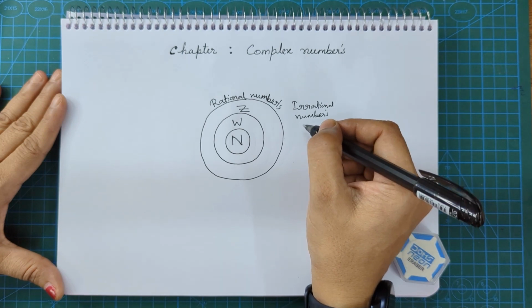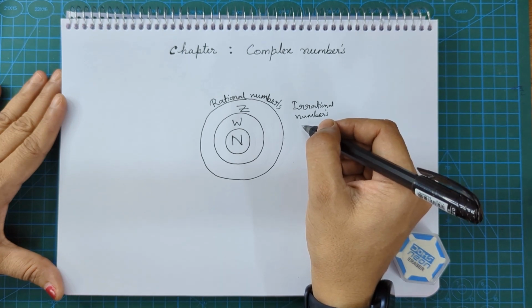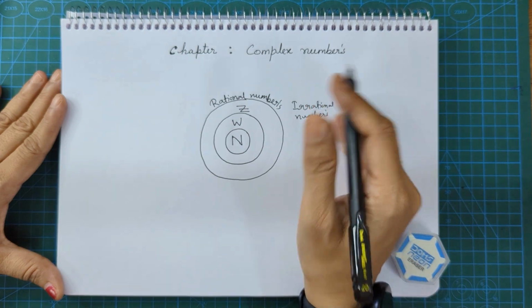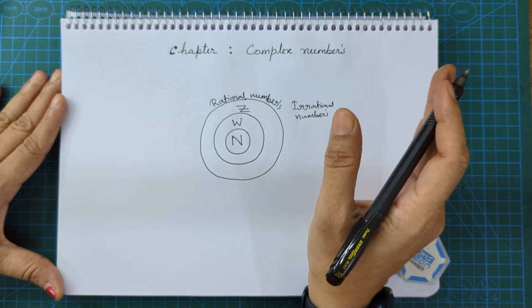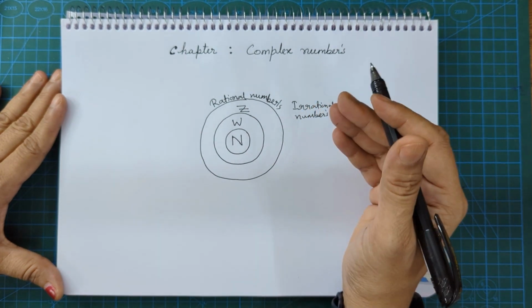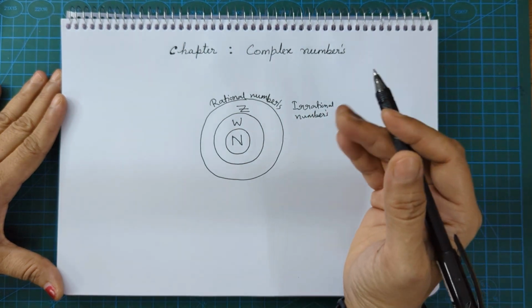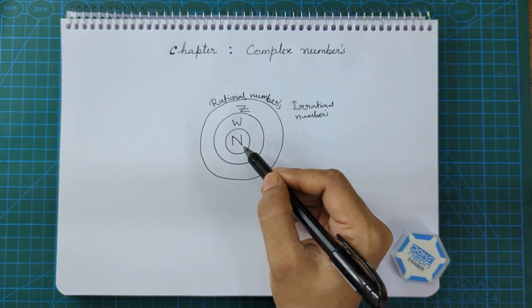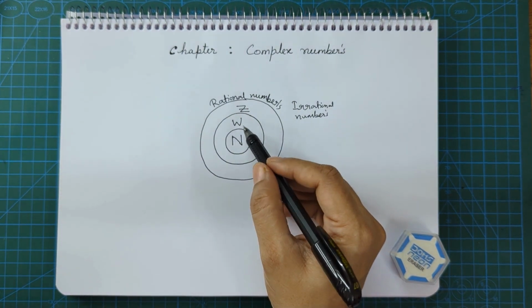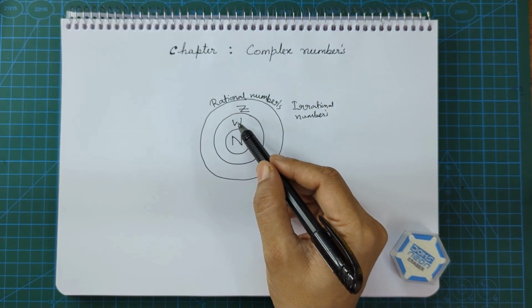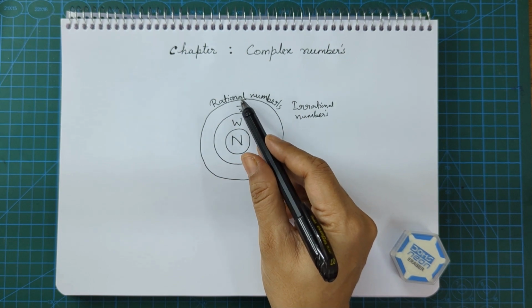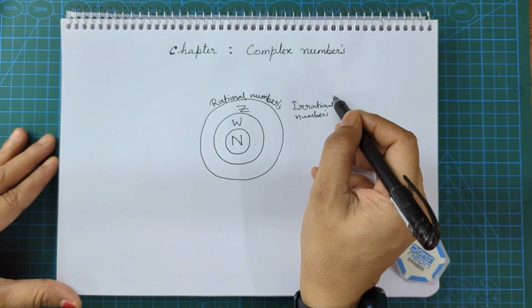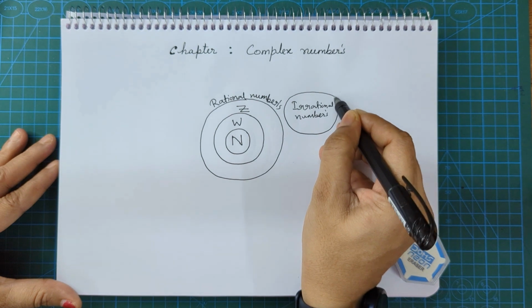So all those numbers whose decimal representation is non-terminating and non-recurring, means kind of irrational way of proceeding in the decimal representation. So the number system consists of natural numbers, whole numbers, integers, rational numbers, and another set of numbers called irrational numbers.